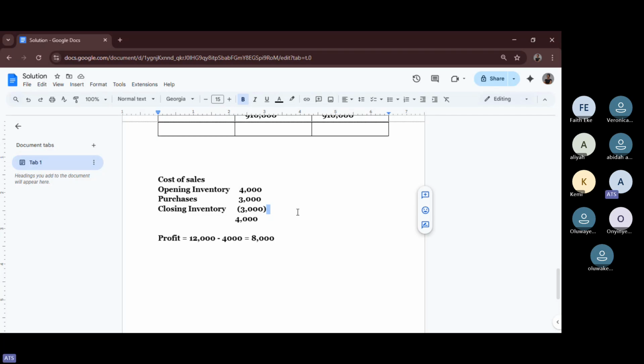Now, the things you deduct. What do you say? No, nothing, ma'am. Okay. So, those first two things we talked about: add increase in opening inventory. What will you do to decrease in opening inventory?